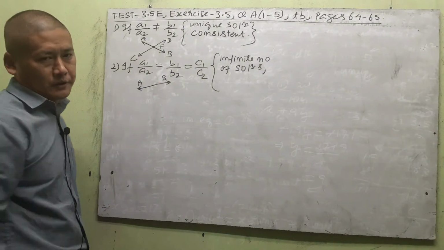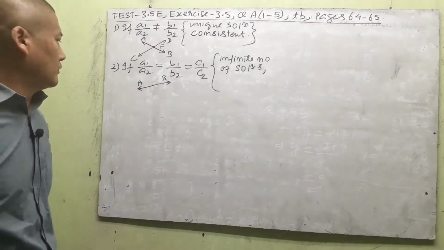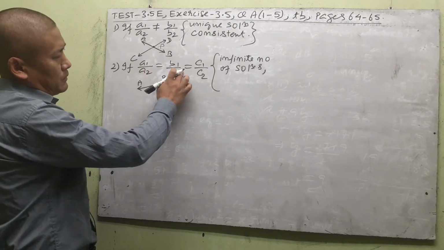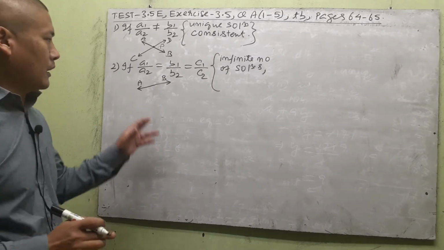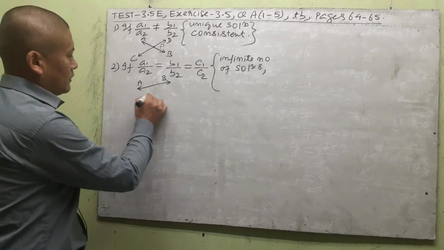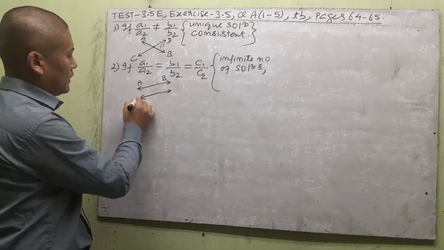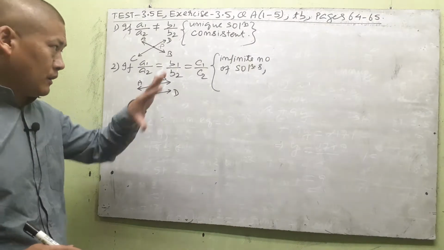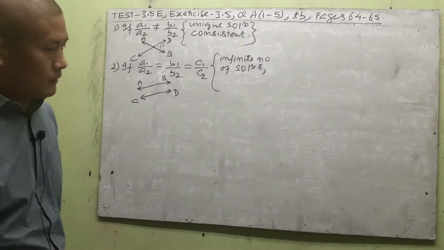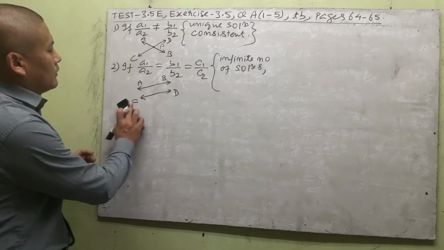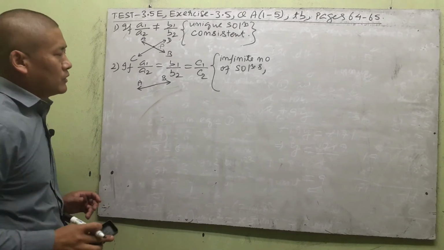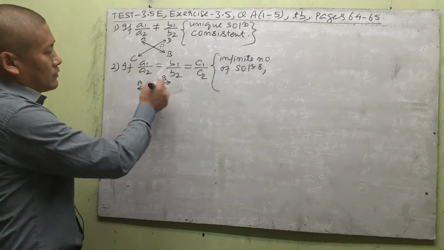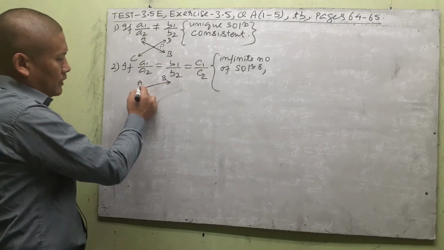We're going to do this graphical method in exercise 3.2. So if a1 by a2 equals b1 by b2 equals c1 by c2, the two lines will have infinite solutions, and the graph of the first is like this.